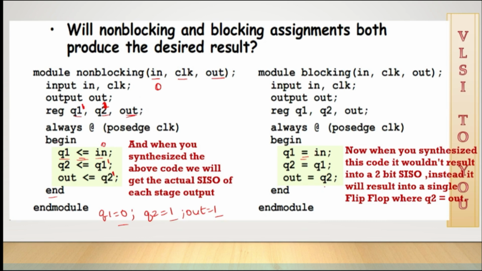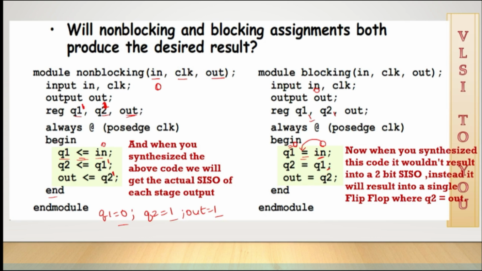Fine. Now let us see the same thing for the blocking assignment. Input is 0, Q1 and Q2 are 1 and 1. This will be executed sequentially. So the input value 0 is assigned to Q1. What is the Q1 value now? 0. After assigning it to the left-hand side, the second statement comes. Now what is the Q1 value?